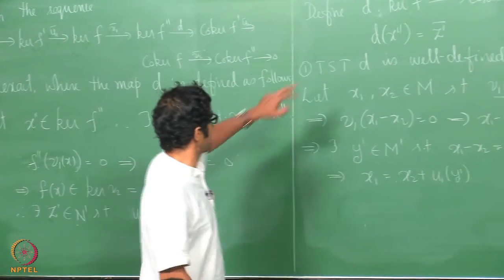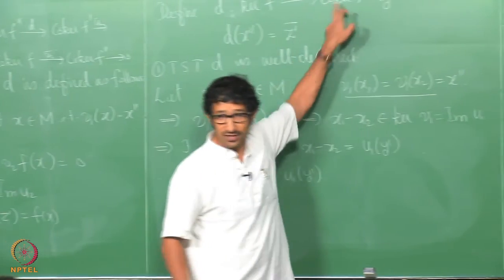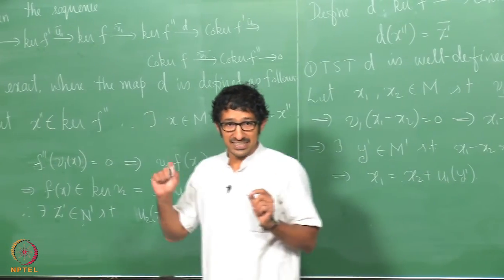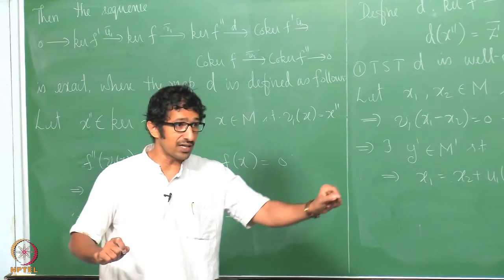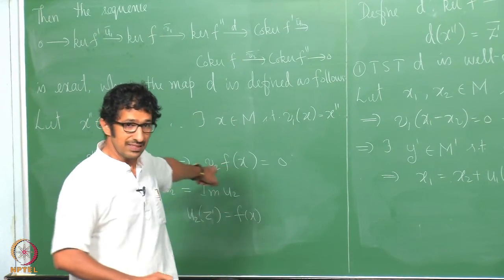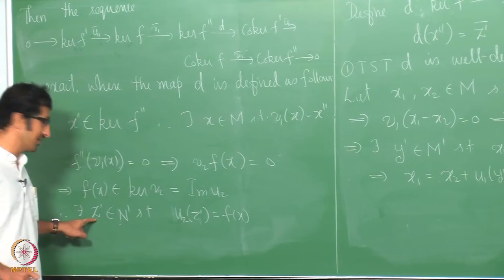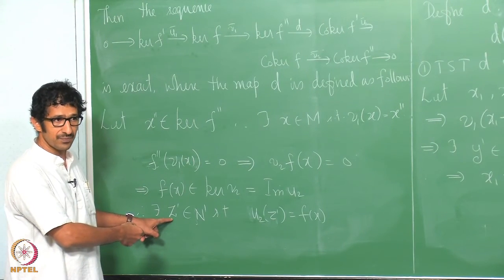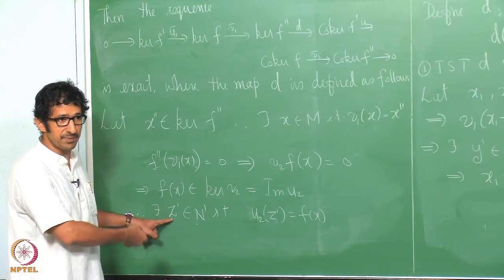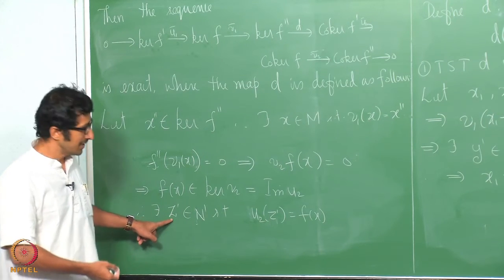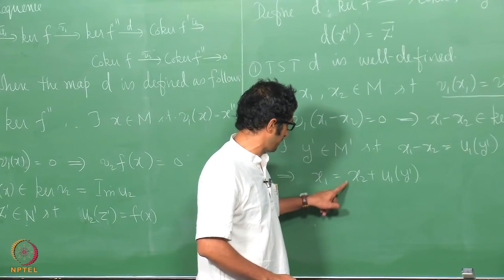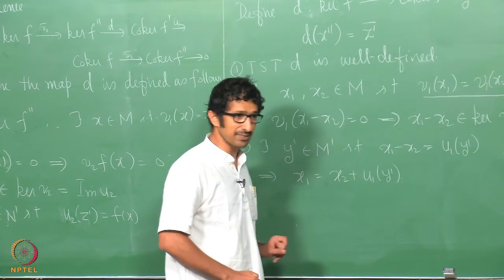That is, our map is defined from here to here, not into N. In N it need not be 0, but in the co-kernel if that is 0, then the difference between the corresponding pre-images will give you 0. So x1 is x2 plus something.